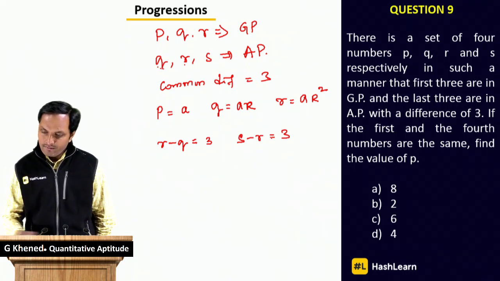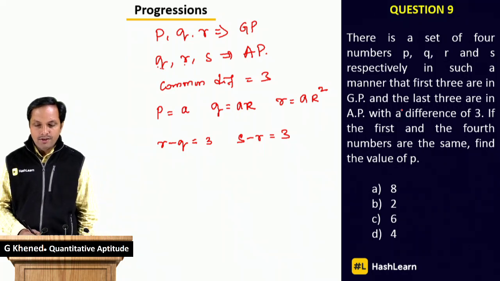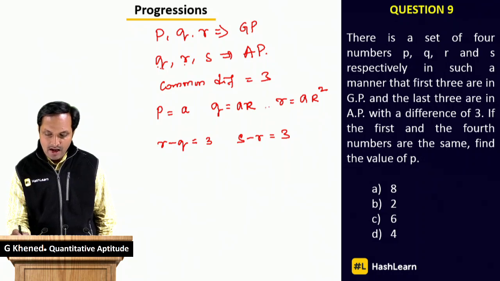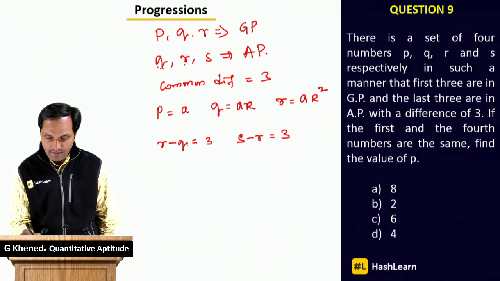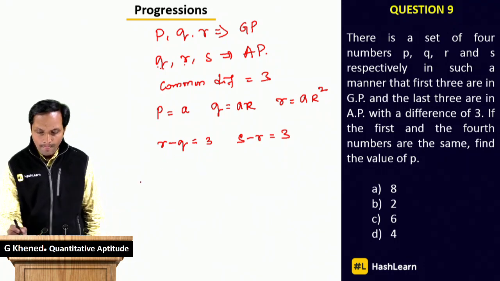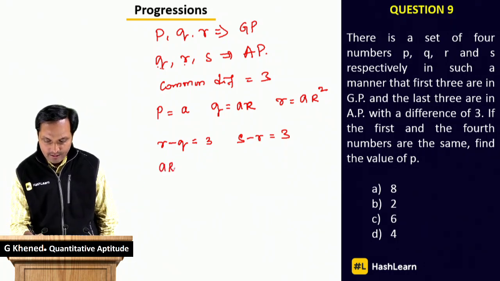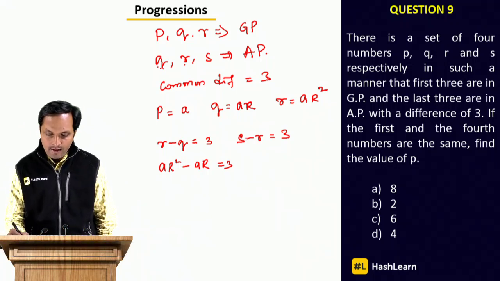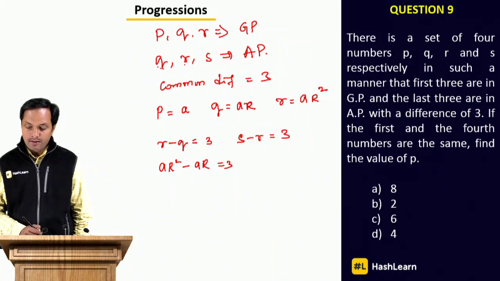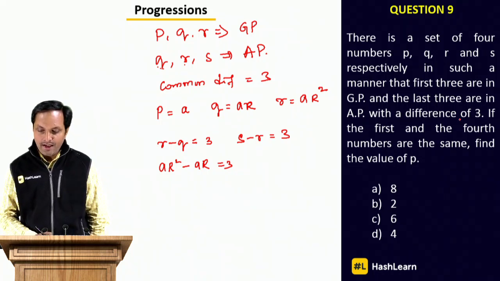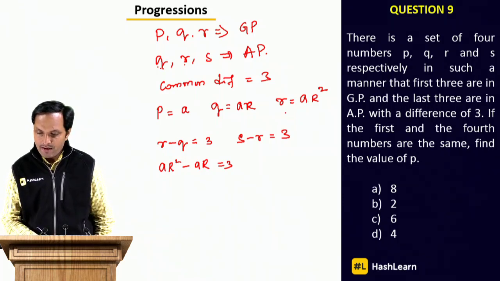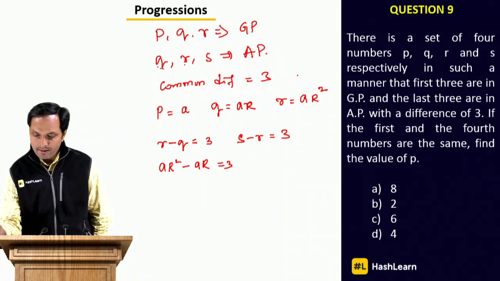What is the first and fourth? Let me compute based on this information. What is R minus Q? R is ar² minus Q is ar, and I take it as 3, because that is the common difference. And S is, for the last three terms with common difference 3, ar² plus 3.